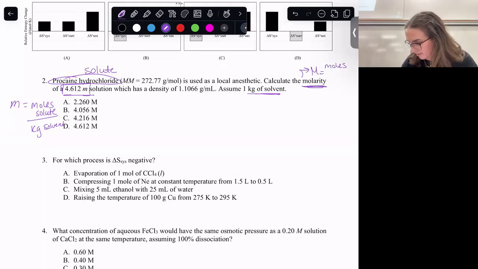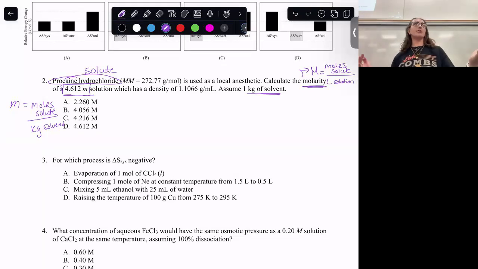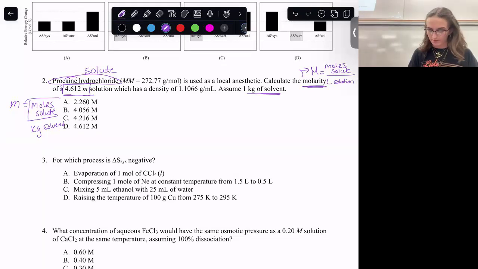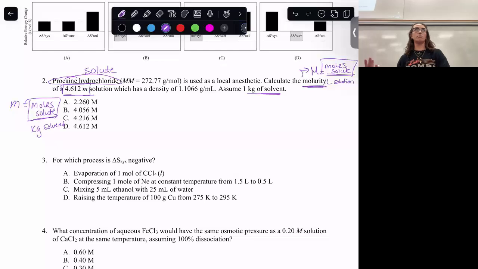So this is moles solute over liters solution. Okay. So what we notice when we compare molality to molarity is that we have moles of solute in both of these, right? If we know the moles of solute, we can use that directly for the moles of solute in our molarity. So how can we get to moles of solute?